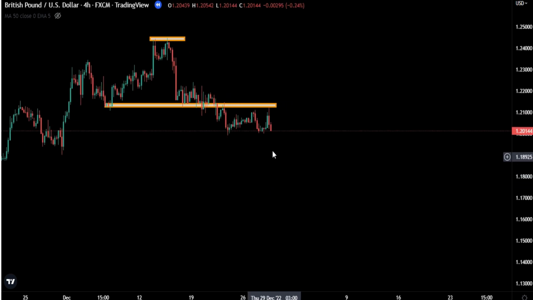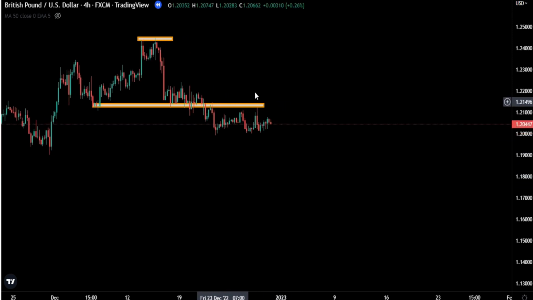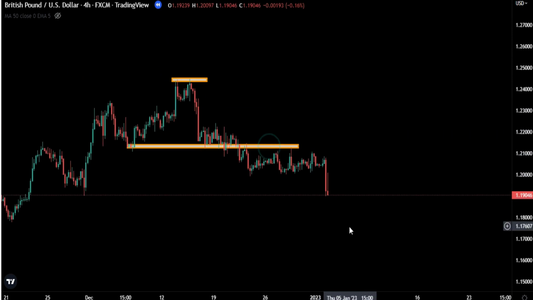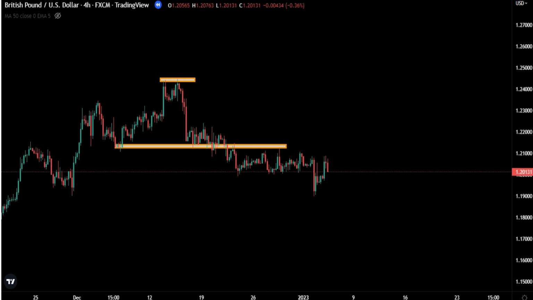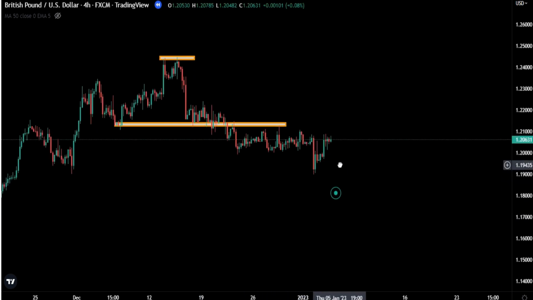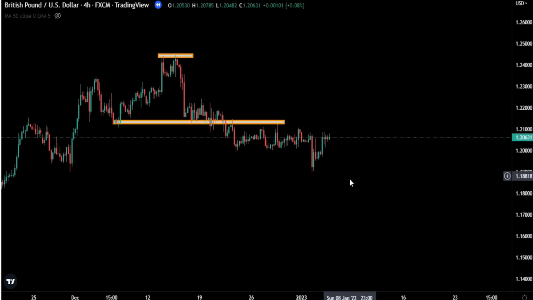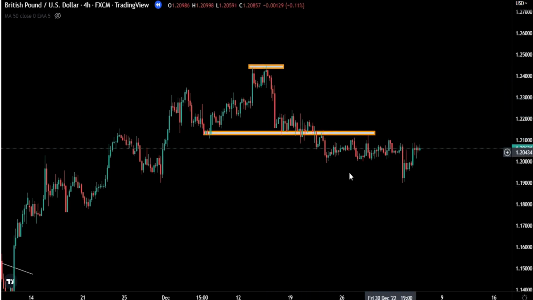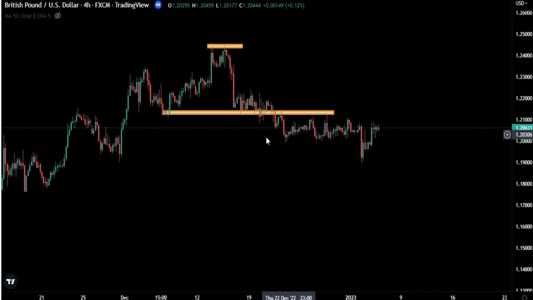From here you can start seeing how the price started retesting this zone, but it has not yet confirmed a downtrend. The way the price is moving, you can see that we are having a lot of consolidation. So I advise you stay away from this kind of movement for now.